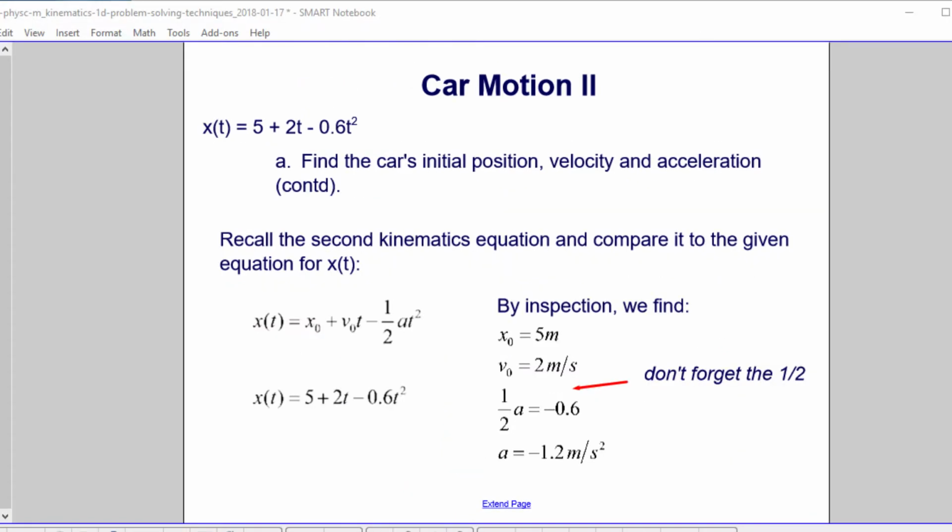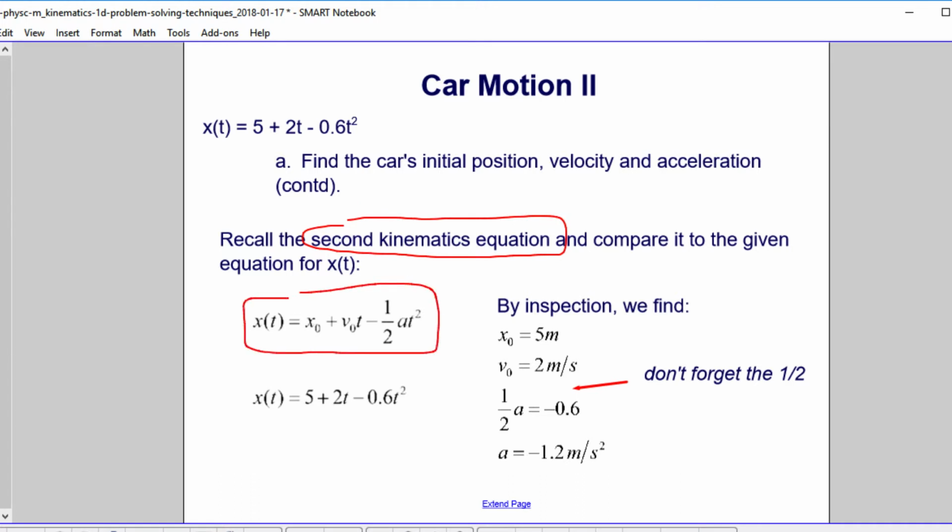Here's the more clever way to solve the problem, and it involves the second kinematics equation, which is right here. Let's compare that to our car problem. What do you notice? x0, the initial position, matches up with the 5. v0, the initial velocity, matches up with that 2.